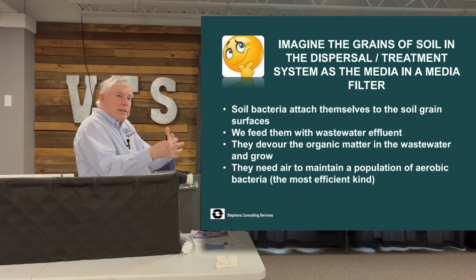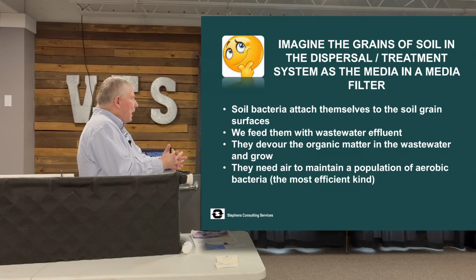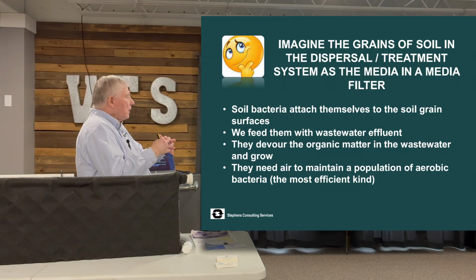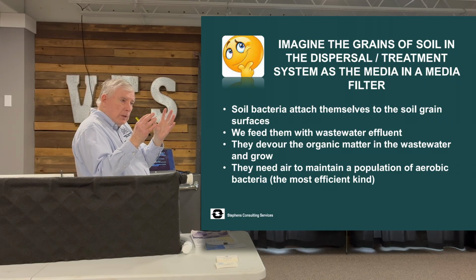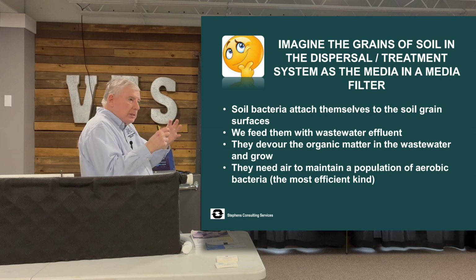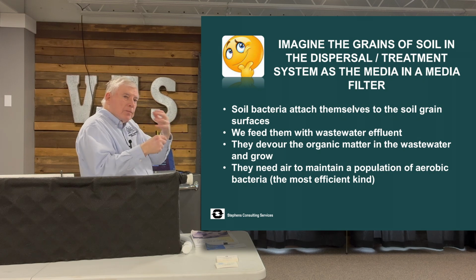We feed them with wastewater so they grow and they multiply. They devour each other when the food source dries up. During periods of very little use, they outgrow the food source, so they start cannibalizing each other. So they sort of self-manage themselves.